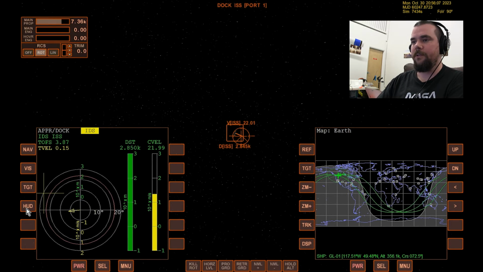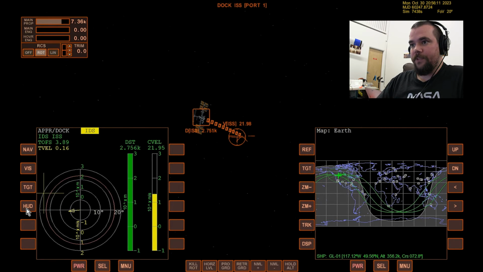And so I can't really... Oh, yeah, there we go. So I'm trying to aim for the end of this, which is kind of like the runway here. These squares, they're just alignment indicators.